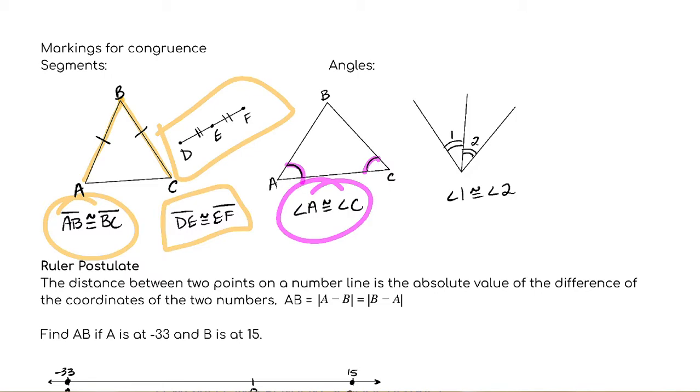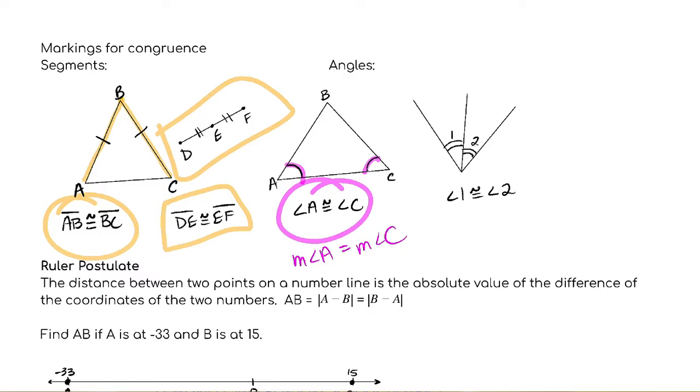Notice that it's angle A, which represents the name, congruent to angle C. If we wanted to write out the numeric measurement, we would say the measure of angle A is equal to the measure of angle C. That would tell me the numeric measurement is what I am talking about. So just kind of a technicality to watch out for.